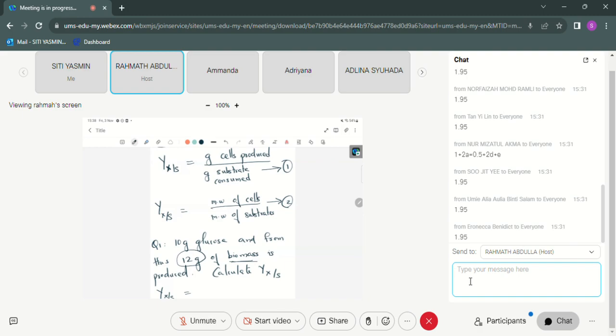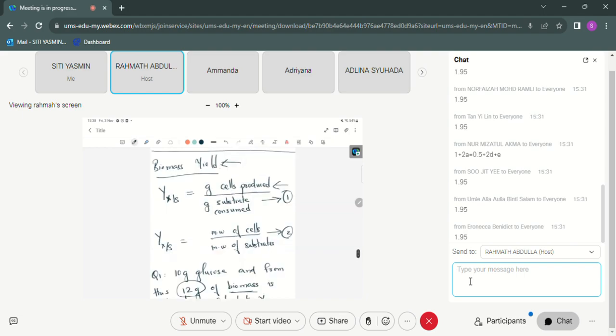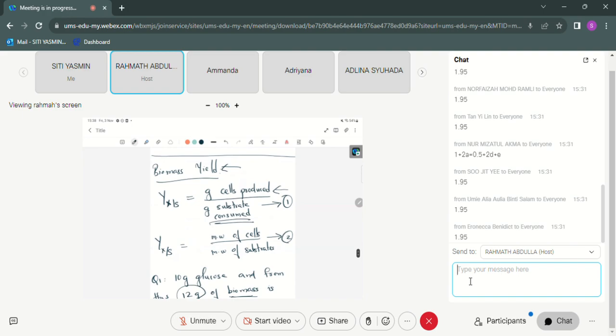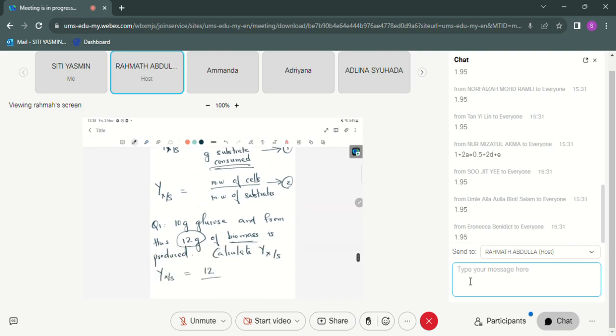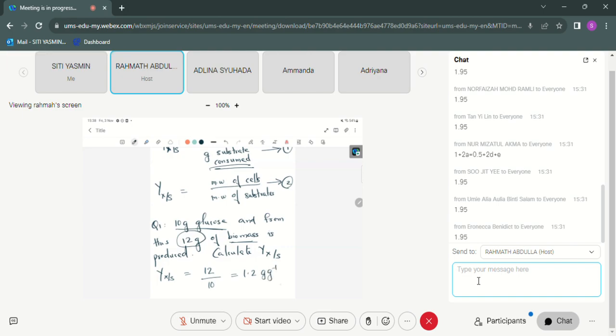It is 12, isn't it? So this is gram cells produced, 12, over how much substrate is consumed. The substrate over here is glucose. So 12 over 10. How much is 12 over 10? 1.2. Yes, correct. And the unit of biomass yield is always gram per gram. So this is the answer, 1.2.